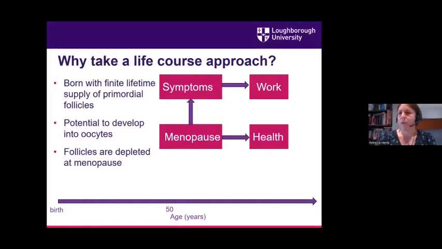And even before menstrual periods begin, some of those follicles are lost. And by menopause, these are depleted. So we want to understand perhaps what influences the original supply of follicles and that decrease before menstruation starts.